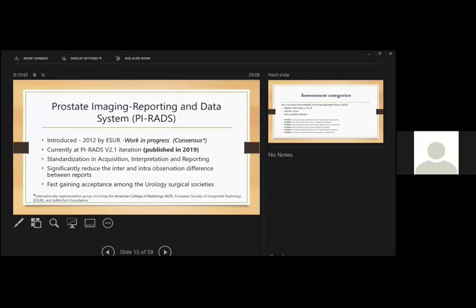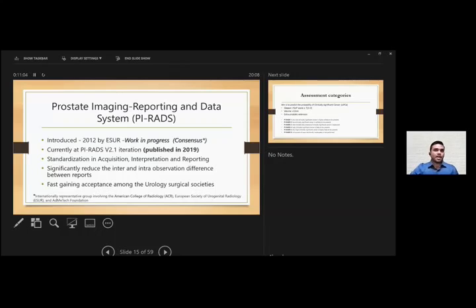Prostate Imaging Reporting and Data System, PIRADS. This was introduced in the year 2012 by the European Society of Urogenital Radiology. This is a work in progress. Currently, we are at PIRADS version 2.1 iteration, which was published in 2019.